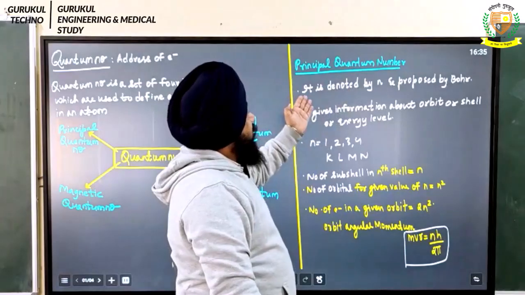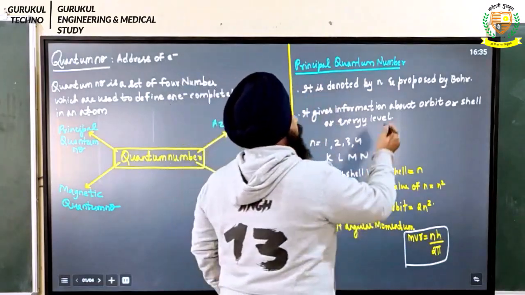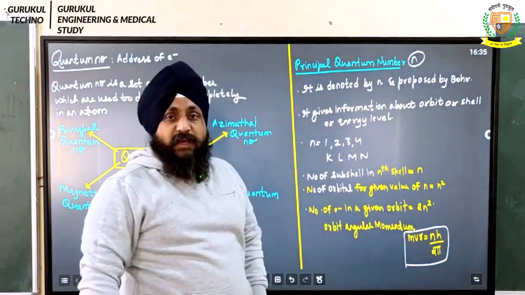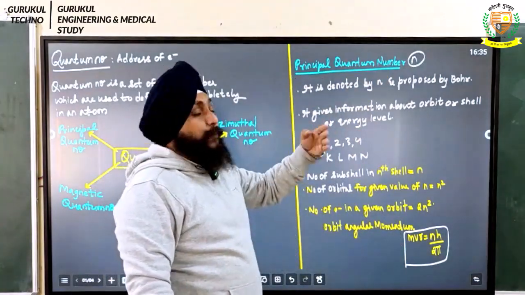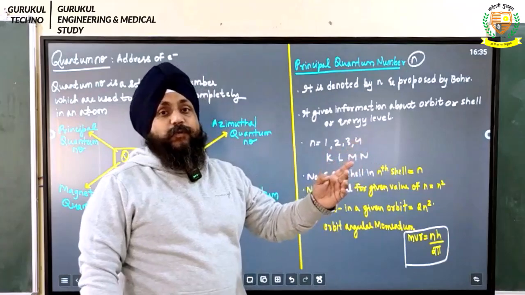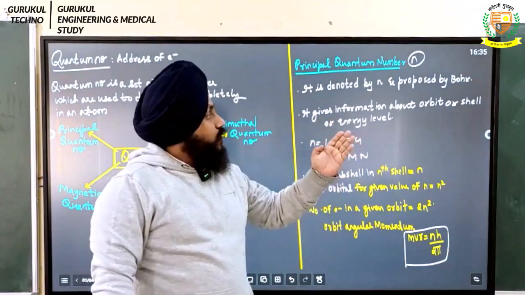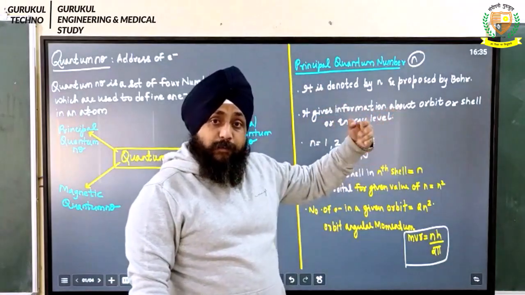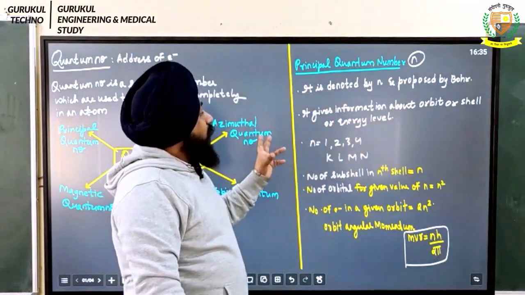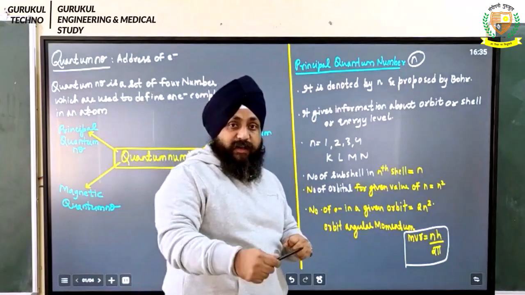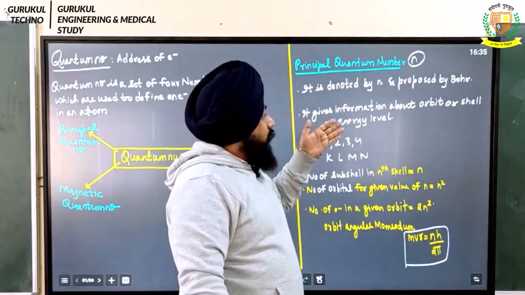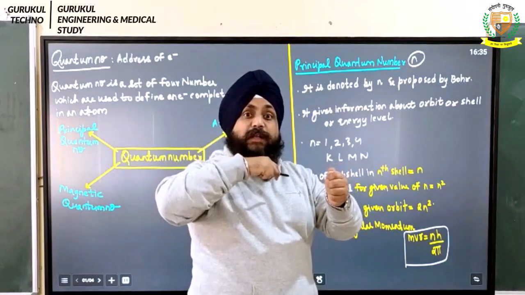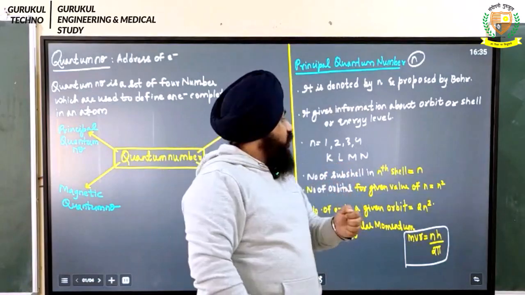It is denoted by small n, and it was proposed by Bohr. Then what information will it give you? Already discussed, it will give you information about where that electron is present, in which orbit, in which shell or which energy level.